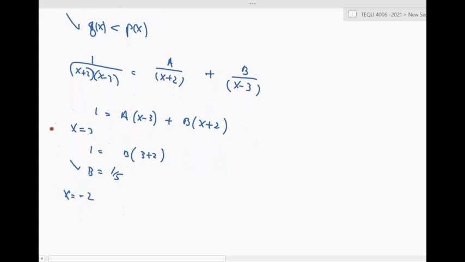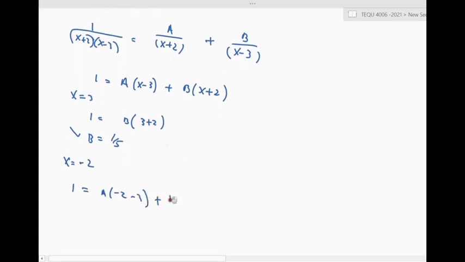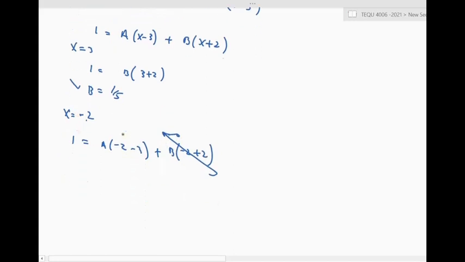Now, if I want to solve for A, how about x equals minus 2? That will do, because in that case 1 equals A(minus 2 minus 3) plus B(minus 2 plus 2). Because I picked x equals minus 2, the B term is gone, and what I'm left with is this part here. So 1 equals A times minus 5, so A equals negative 1 over 5.